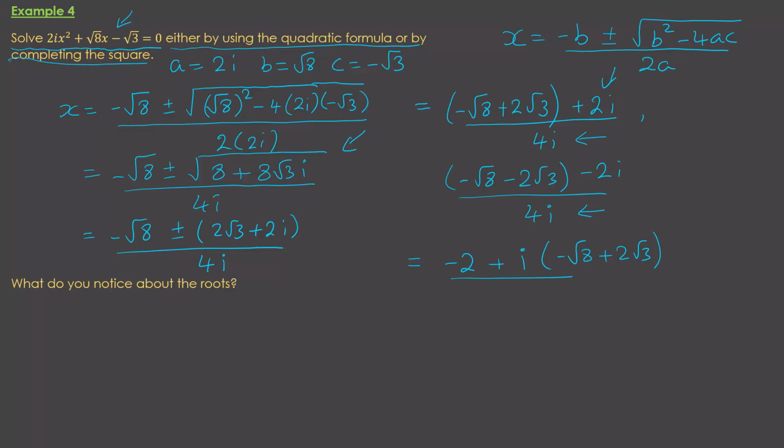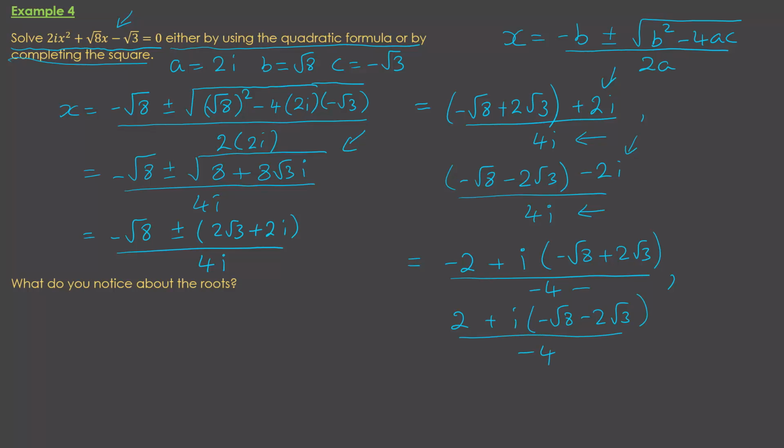And of course that would be over negative 4 because we multiplied the bottom. And the other one is going to be, so i squared here is going to make that into a positive 2. And then we're going to have i into negative root 8 take away 2 root 3 all over negative 4.